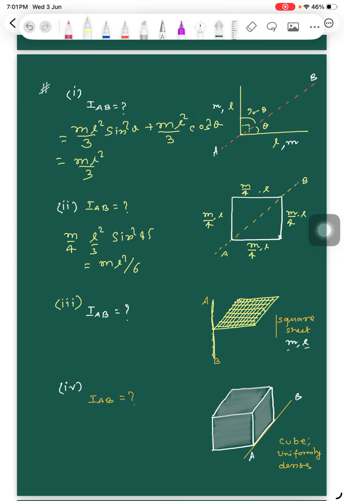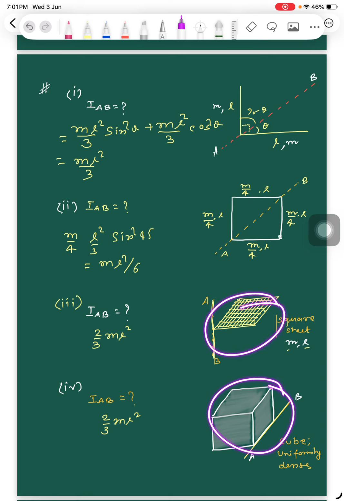This answer should be 2 by 3 ML square, and the same answer will come out in this case. It is a uniformly dense cube of mass M, side length L. We have to find I about this edge, about any edge, and here also you should get the answer 2 by 3 ML square. Let us understand one of these two.